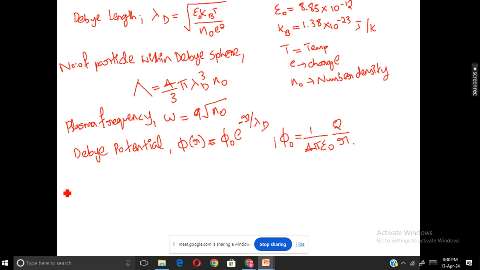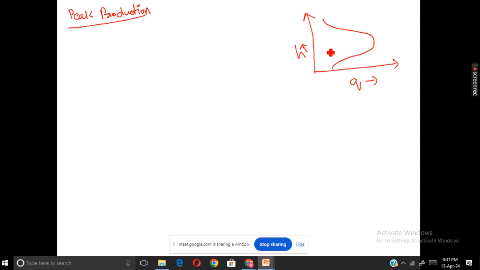Now when we consider peak production, this is Q and this is H. This is how it will look. This is the height at which peak production occurs, Hm.